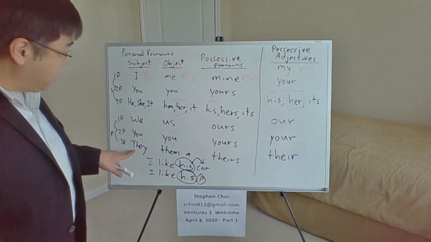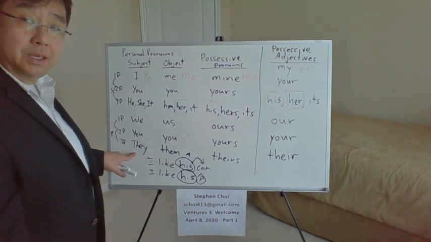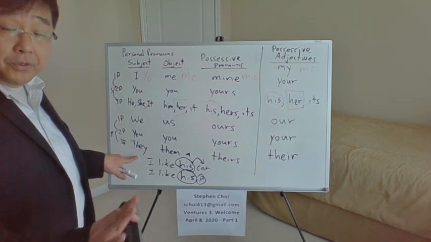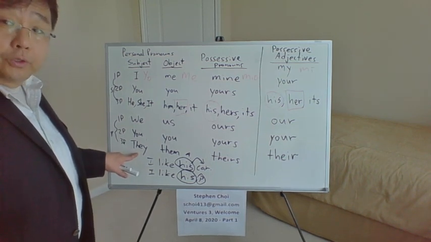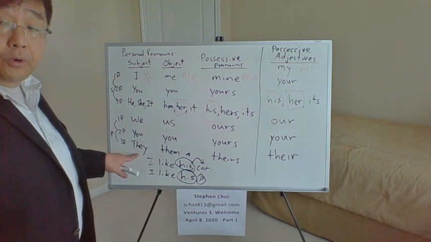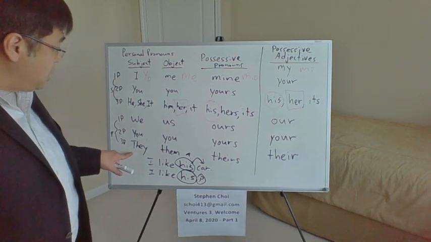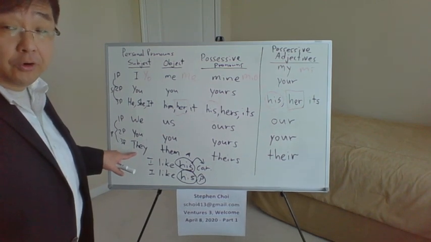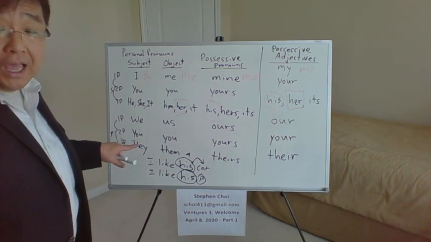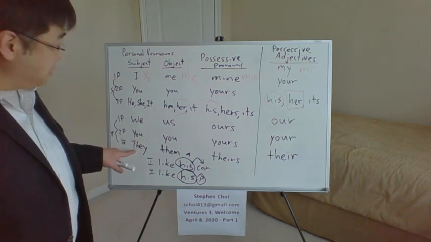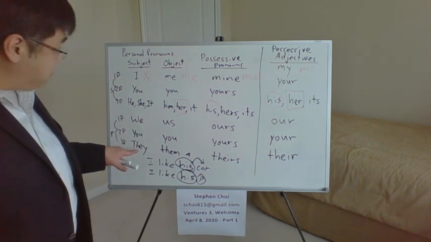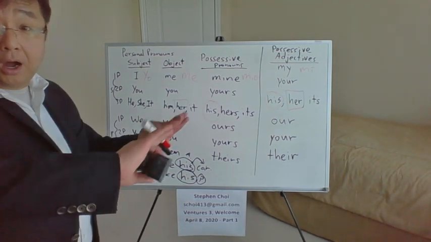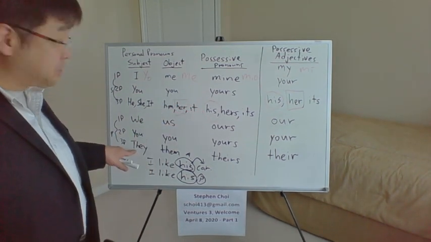How about they? I know in some languages, you have different rules for personal pronouns. But in English, we use they for everything: every person, everybody, and everything. So people and things. We can say they are from Mexico, so we can use they for people.